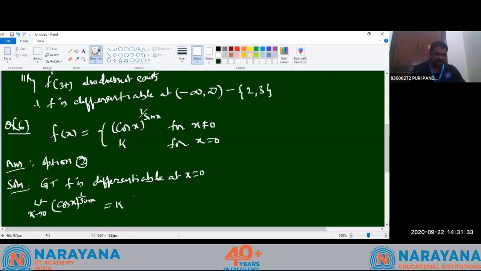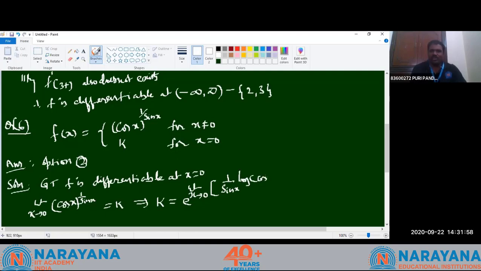That means, according to the logarithm concept, k is equal to e power limit x tends to 0 of 1 by sin x into log of cos x.